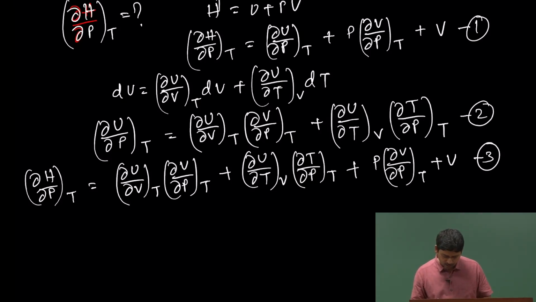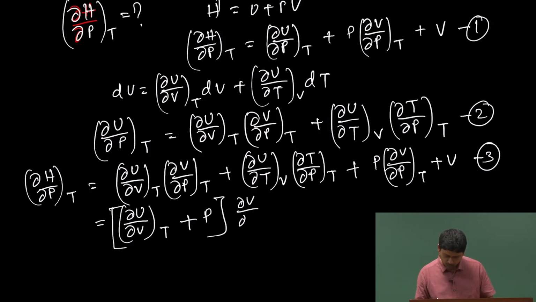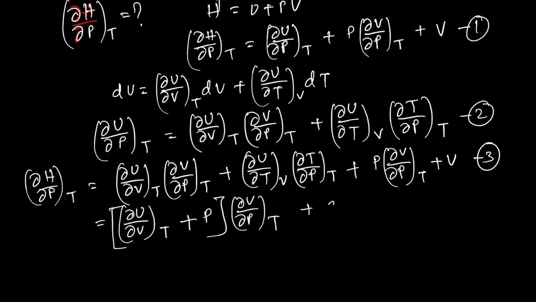Can I take anything common? Del V by del P I can take common. So, del U by del V at constant T and del V by del P, plus P, plus CV.